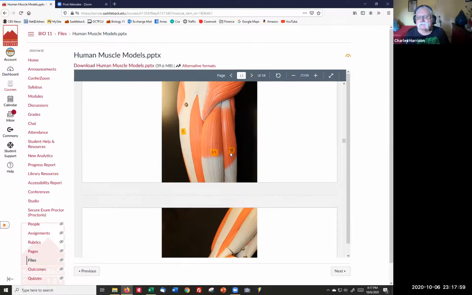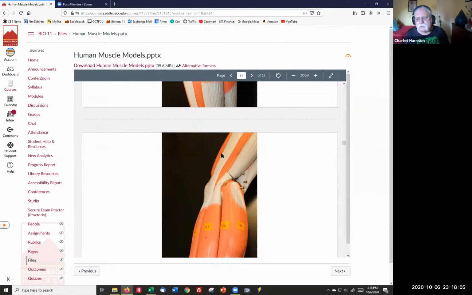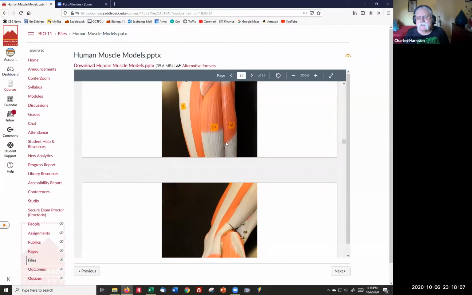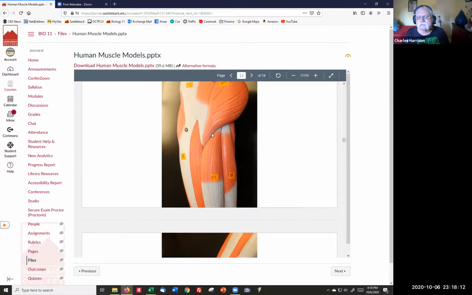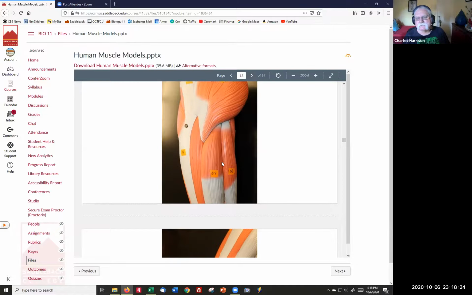And this is the semitendinosus, these two. Along with the semitendinosus and the biceps femoris, one other muscle, which I know we have because I saw it earlier, is the semimembranosus. And those three together make up the hamstrings. The hamstrings.